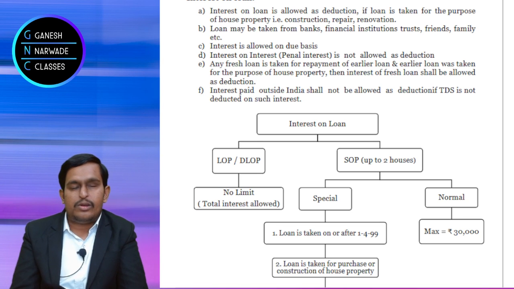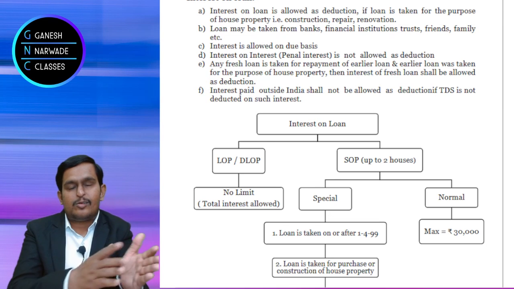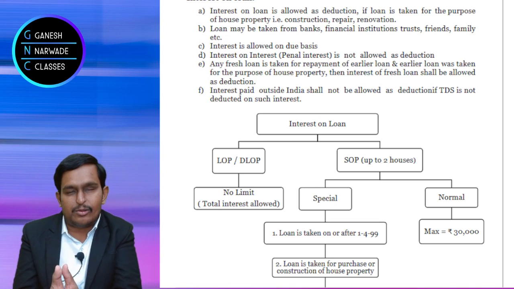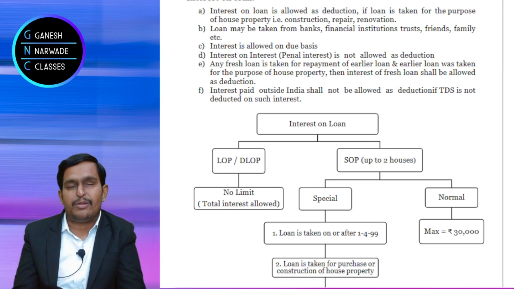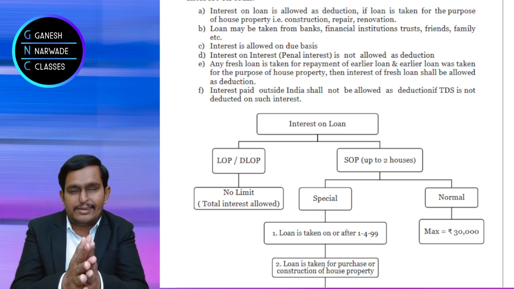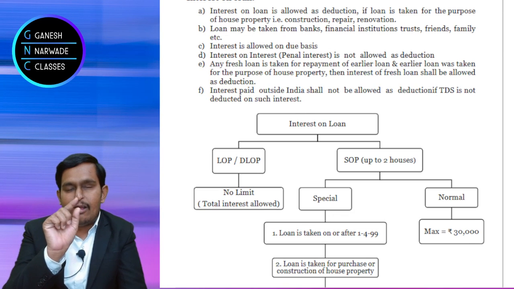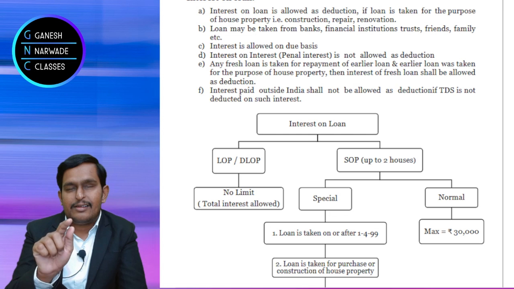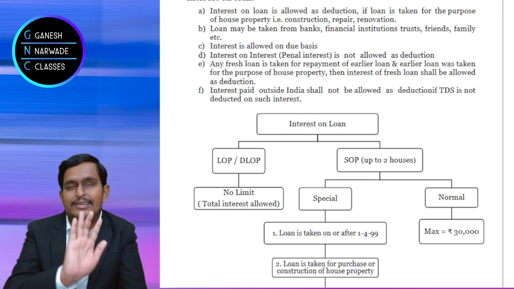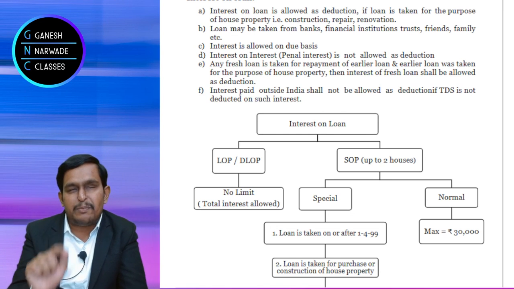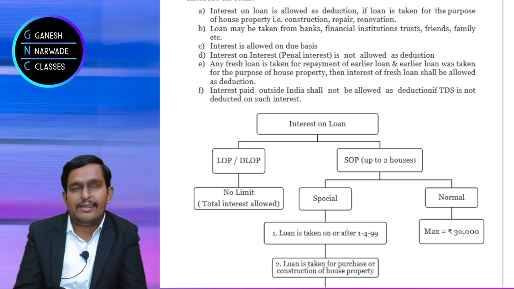So renewal of loan is okay, but the principal should be shifted to the new institution. If principal plus interest is shifted to the new bank, then on the interest portion, if you are paying interest, that is not allowed. On the principal portion, if you are paying interest, that is allowed. Simple.